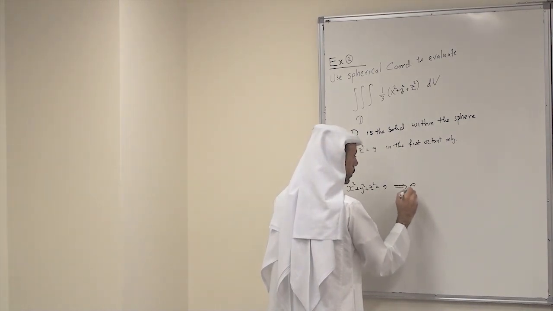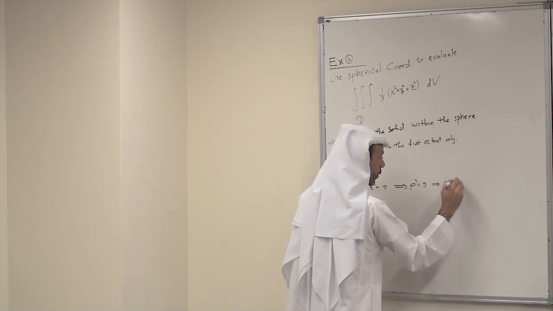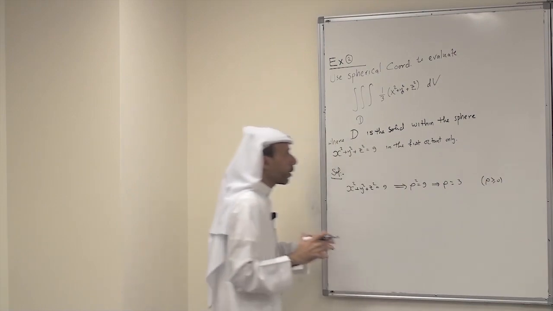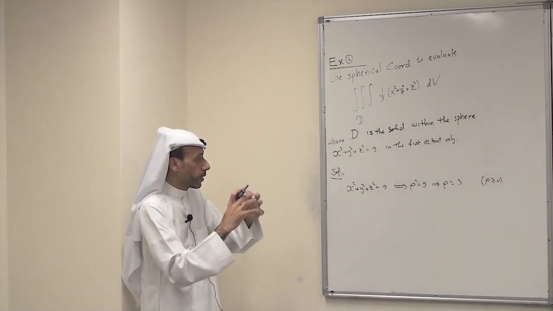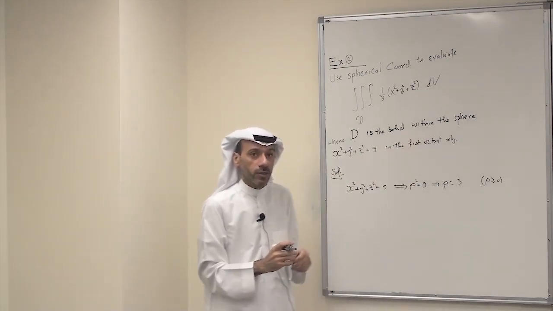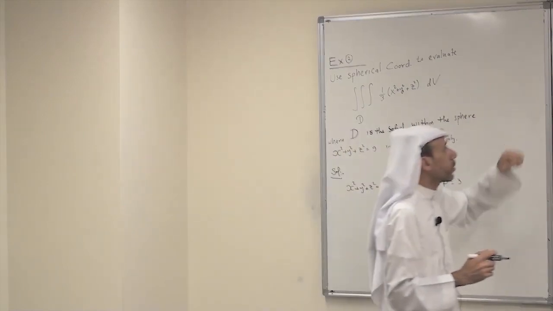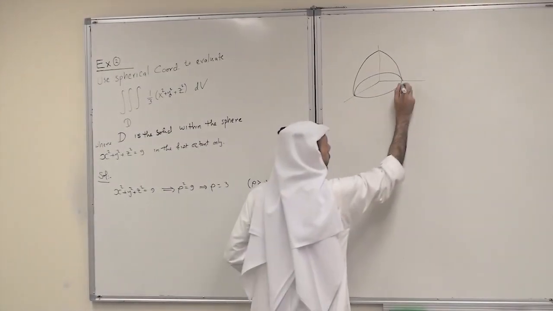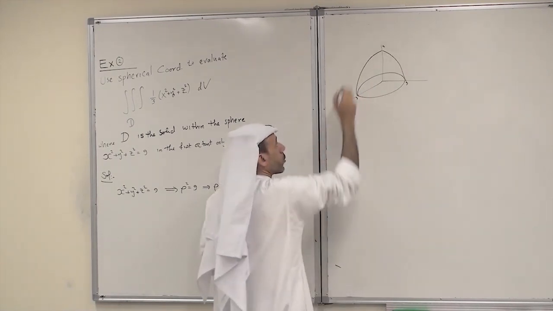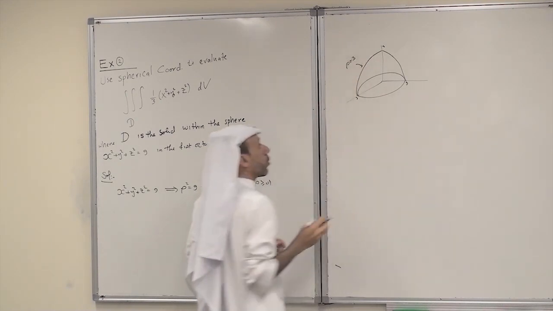Just change it to spherical coordinates. This is rho squared equals 9, and hence rho equals 3, since rho has to be greater than or equal to 0. D is the solid inside this sphere, but in the first octant only. So let's sketch this solid here. We have a sphere, radius 3. So this is rho equals 3 in spherical coordinates.